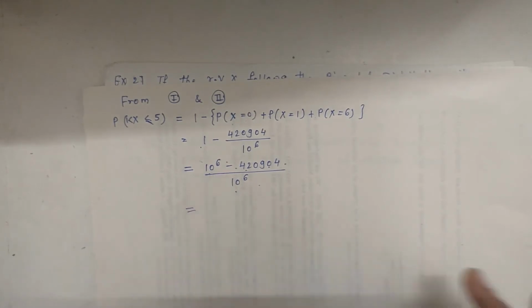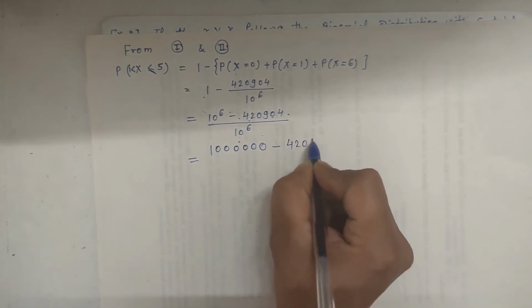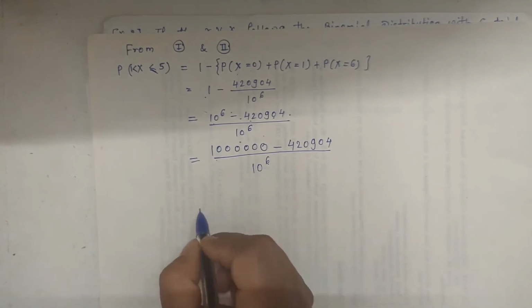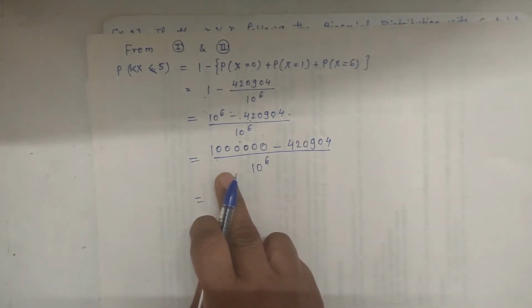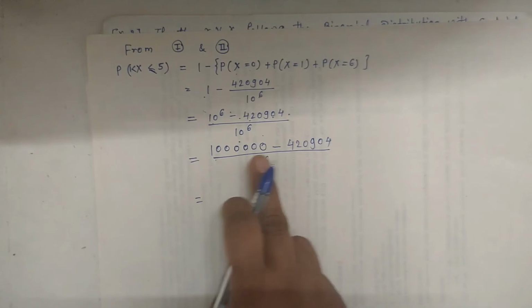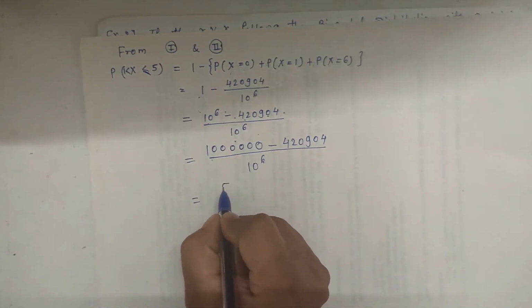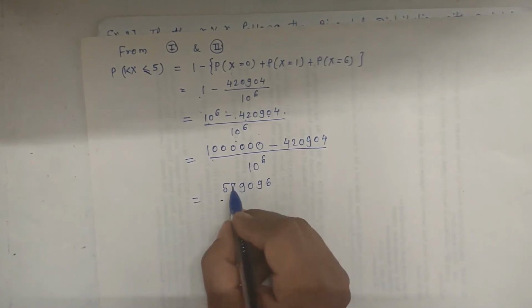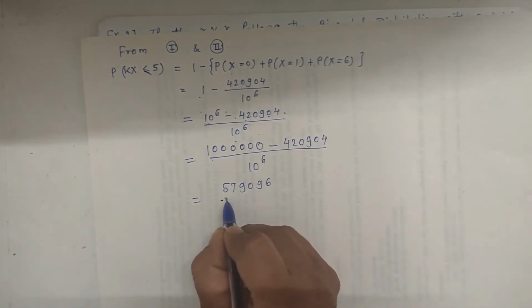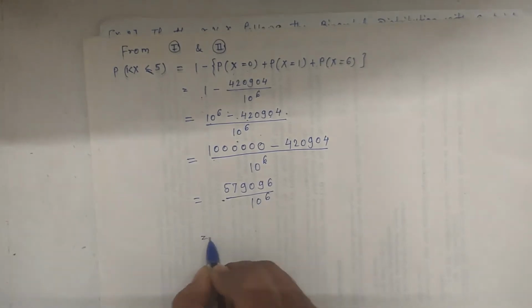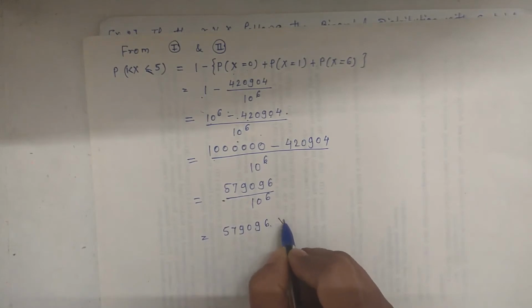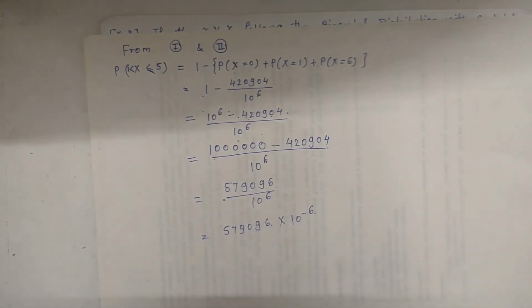Now the subtraction of these two numbers gives 579096 upon 10 raised to 6. This 10 raised to 6 can be written as 579096 into 10 raised to minus 6.